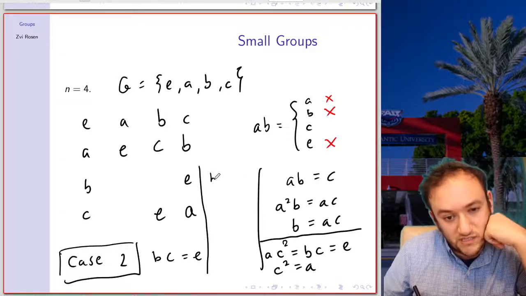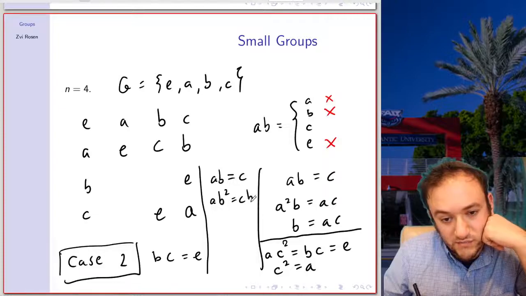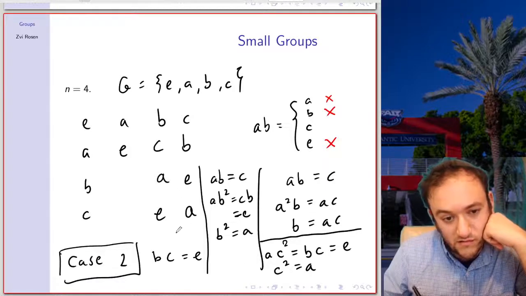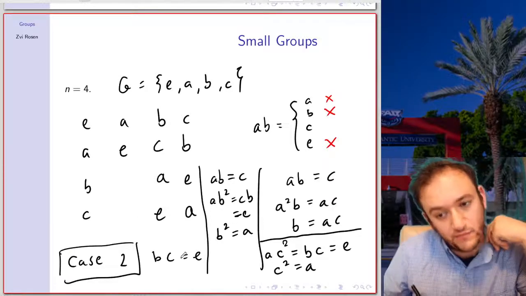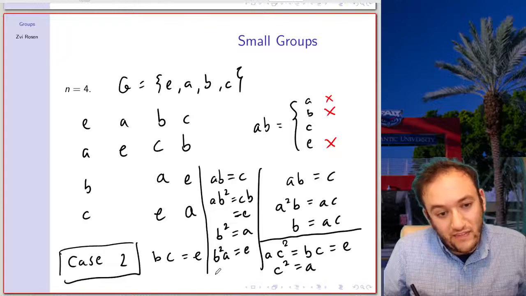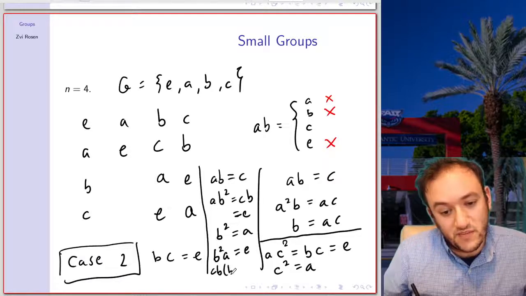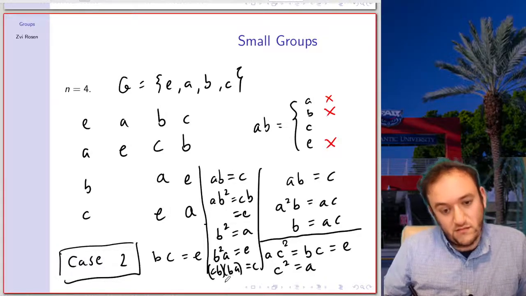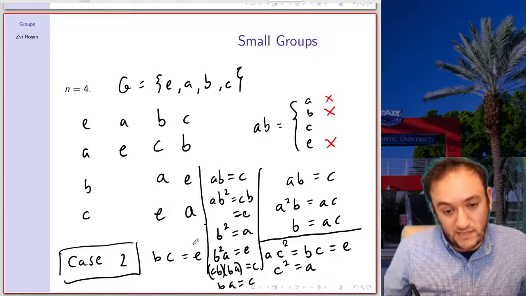If we take B squared, we know AB equals C, and that tells me that AB squared equals CB, which is just E, and that means that B squared equals A. And once we have that B squared equals A, we have B squared A equals E, and then multiplying by C on the left, we get CB times BA equals C, and because CB is equal to E, this means BA equals C. So we have a C here.